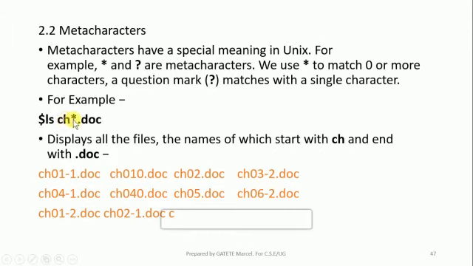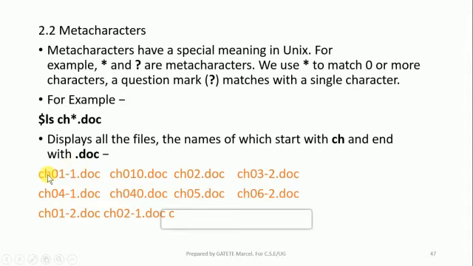If I want to display files which start with CH, the star will replace any characters following those two and having an extension called doc. So it will display all the files whose names start with CH and end with doc.